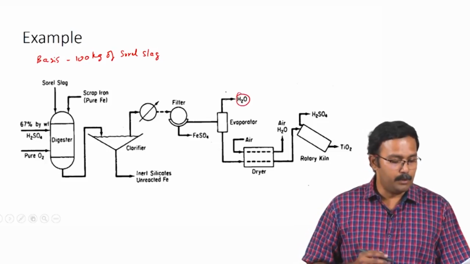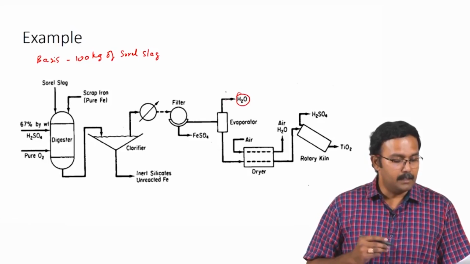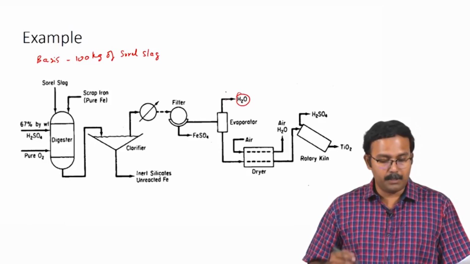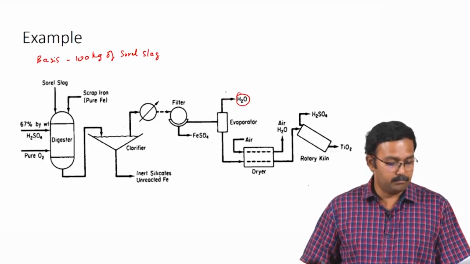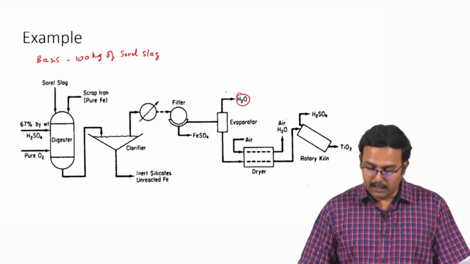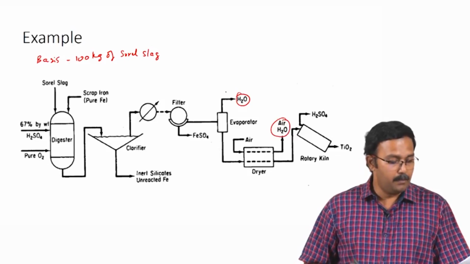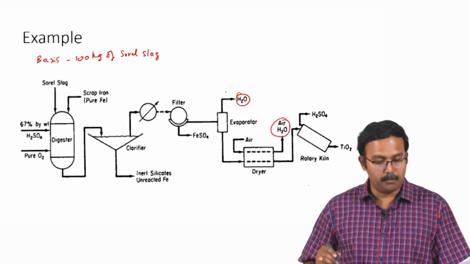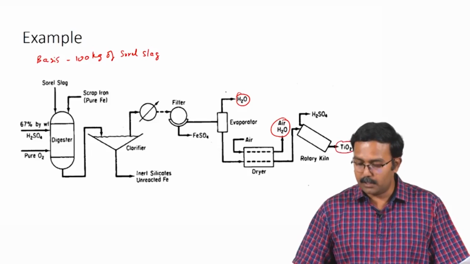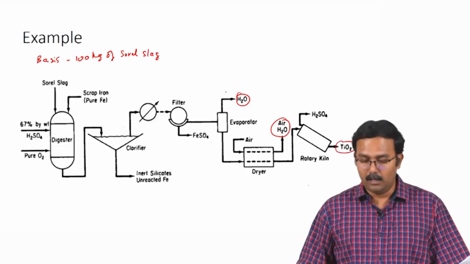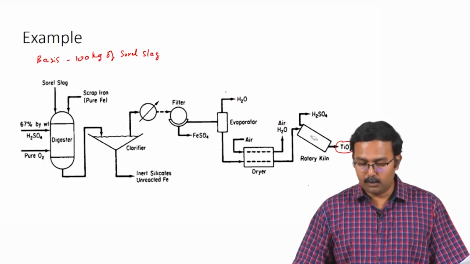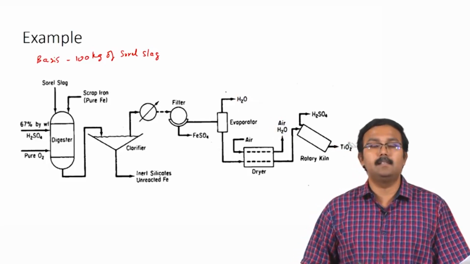We also need the exit kilograms of water per kilogram of dry air from the hot air dryer, which is this stream, and the kilograms of product TiO2 produced, which is this stream. These are the three components we need information on.